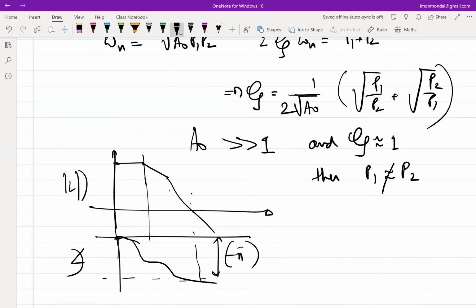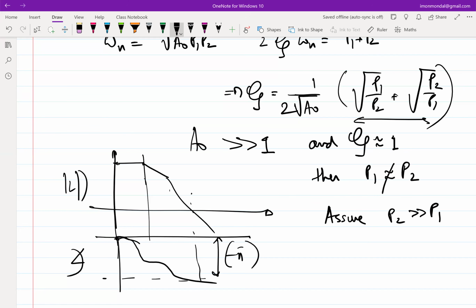So we need to have one dominant pole, right? Either P1 or P2 has to be much smaller than the other, so that I need not have both of these terms. If I have both of these terms, then I have a problem. I have to eliminate one of the terms and then find out the condition for zeta equal to 1, right? So let's assume P2 is much greater than P1.